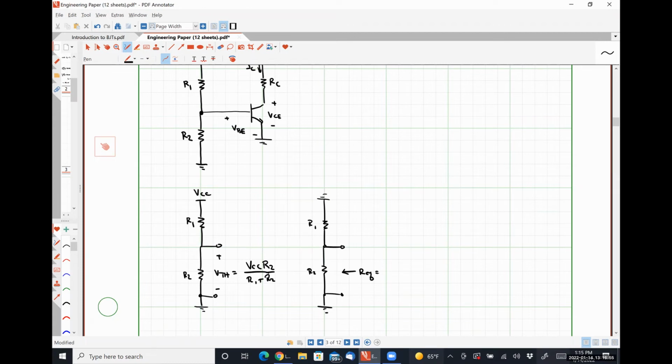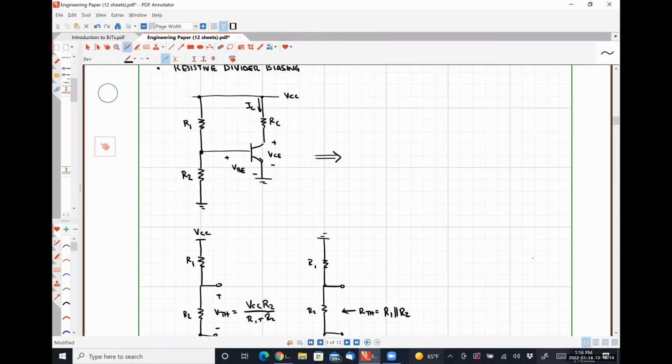Let's call it RTH, just so that we're consistent. So that means this circuit up here is electrically equivalent to this guy.